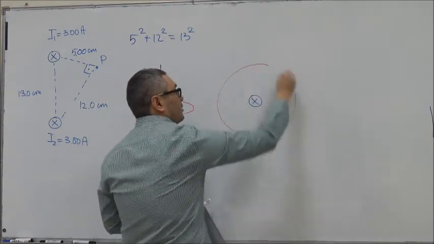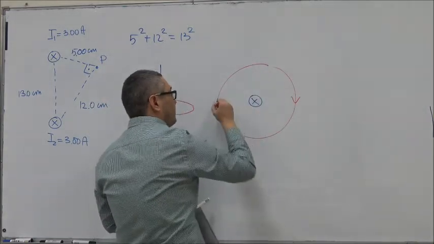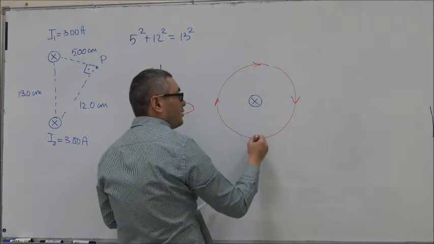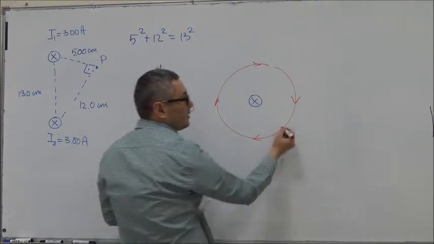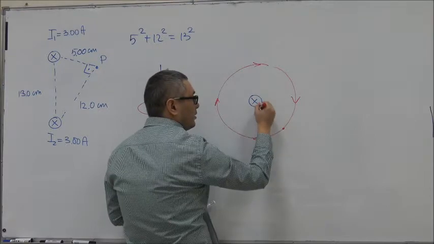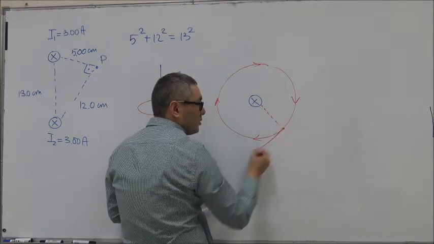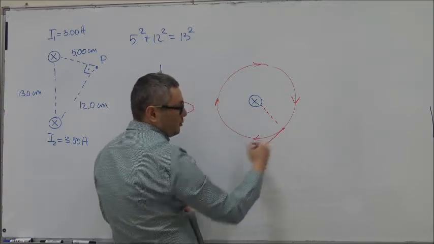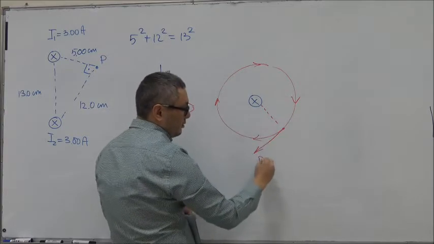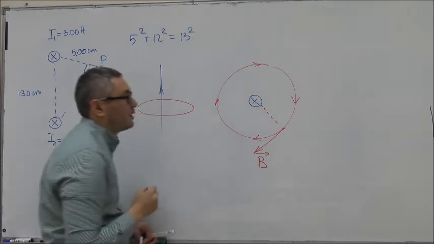So again, you draw a circle, and the direction of the field at every point will be tangential to that circle. So if, say, I want to find the magnetic field at this point, all I have to do is draw a tangential line to this circle at that point with the direction of field pointing in this direction. So this is the direction of the magnetic field.